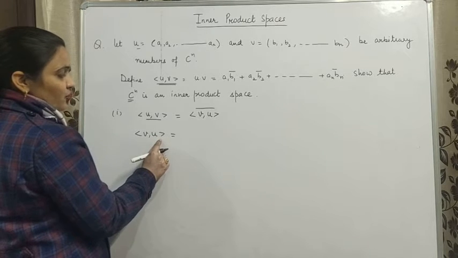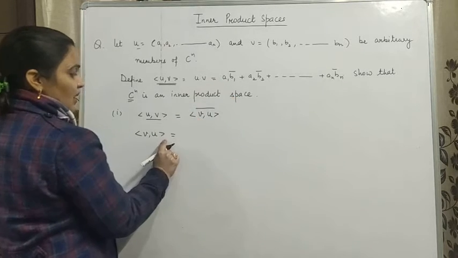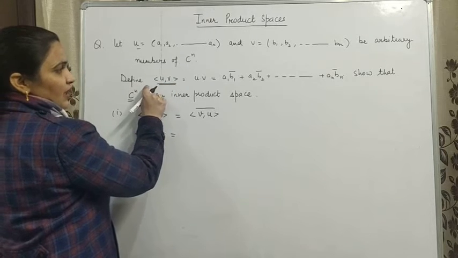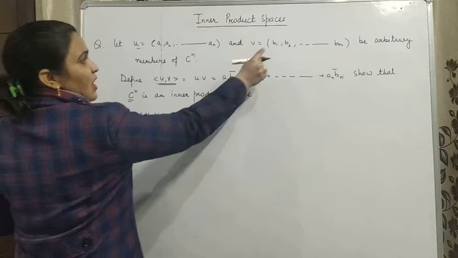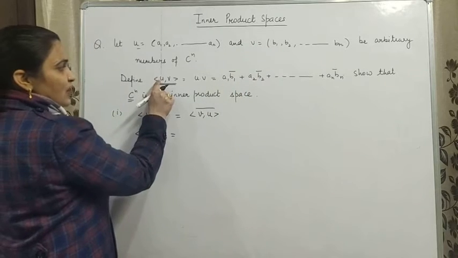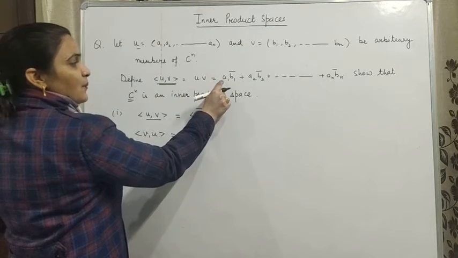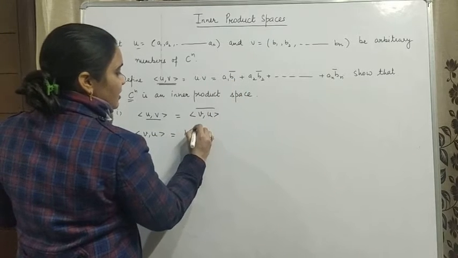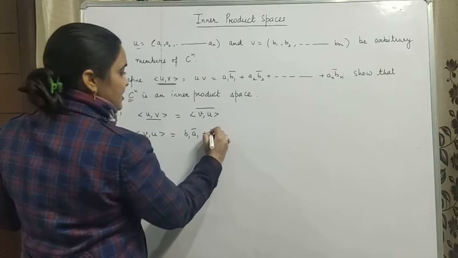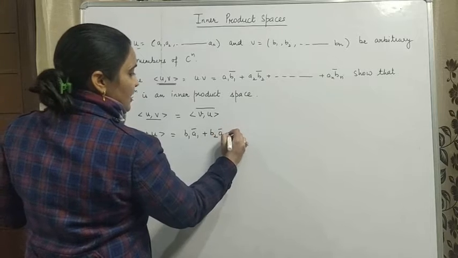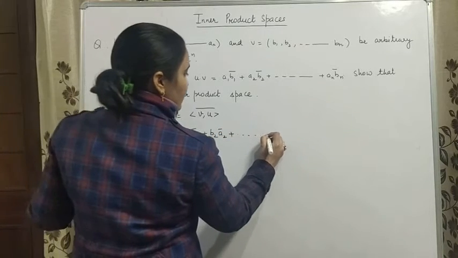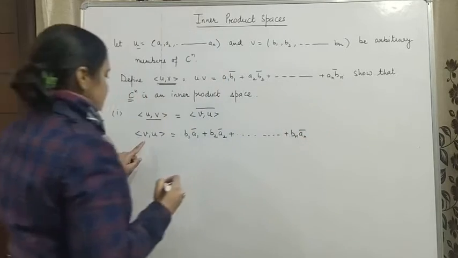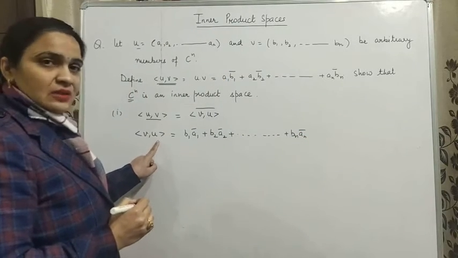Inner product of vu में आप इसी को देख के यहाँ पे लिखोगे. आपने इनर प्रोडक्ट u और v का जो डिफाइन किया हुआ है वो कैसे है, a1 एंड b1 का कॉन्जुगेट. तो अब अगर v u कर दूंगी तो क्या आएगा, b1 a1 का कॉन्जुगेट. सो इट इज b1 a1 conjugate plus b2 a2 conjugate plus so on bn an conjugate. सो दिस इज v u का इनर प्रोडक्ट.